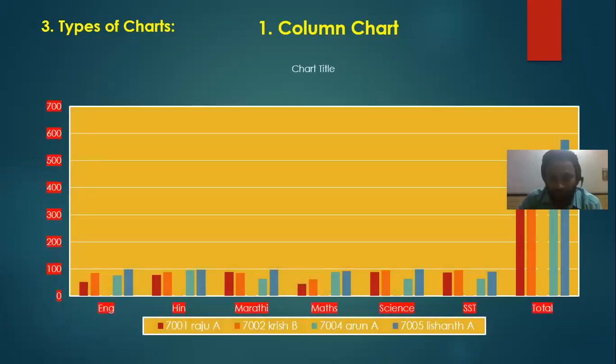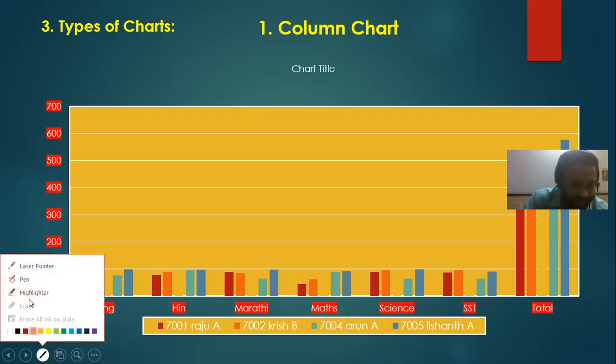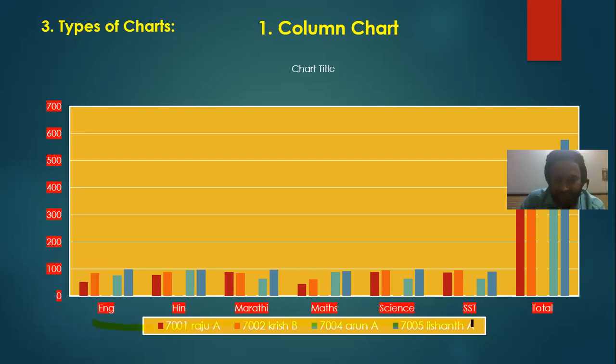If you observe this column chart, in the column chart the x-axis is called a category axis and the y-axis is called a value axis. Let me take the highlighter. Here, this x-axis is called a category axis and this y-axis is called a value axis.